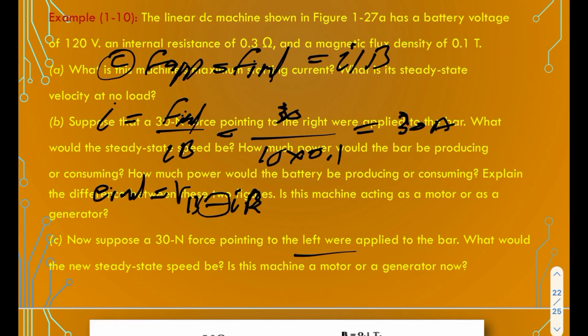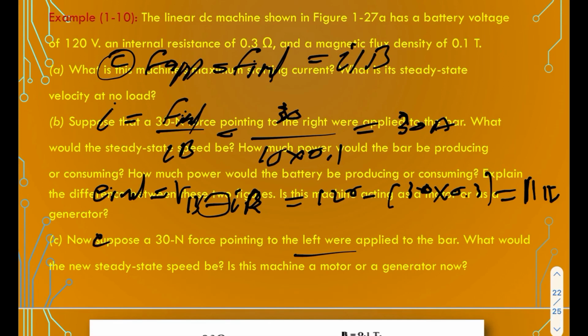So E induced equals 120 minus 30 multiplied by 0.3. The answer will be 111 volts.